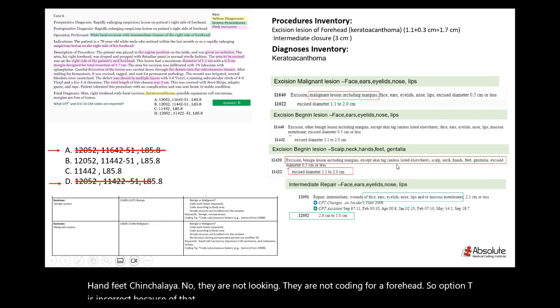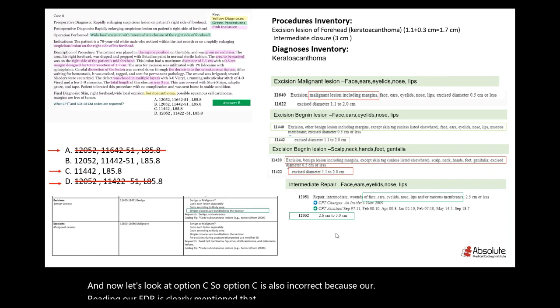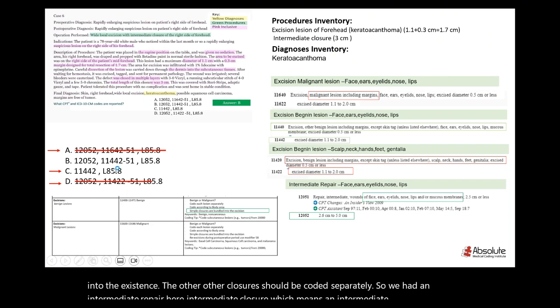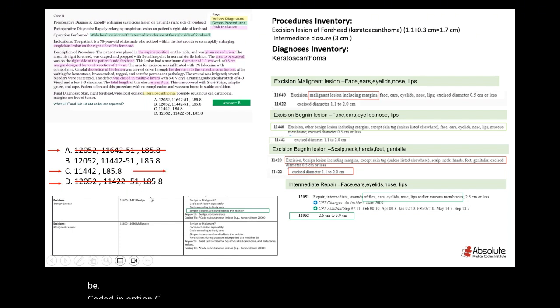Now let's look at option C. Option C is also incorrect because, reading our FTRs, it's clearly mentioned that for an excision procedure, simple closures are bundled into the excision. The other closures should be coded separately. We had an intermediate repair here, an intermediate closure, which means it should also be coded in option C. Well, it's only coding for the excision procedure.